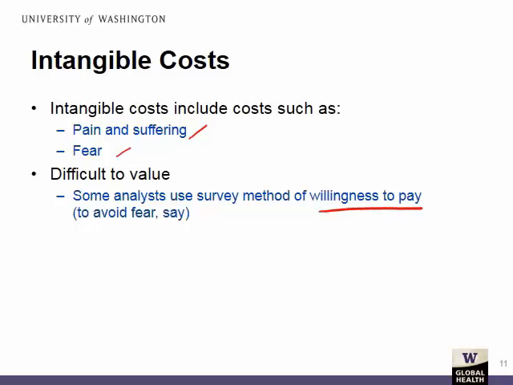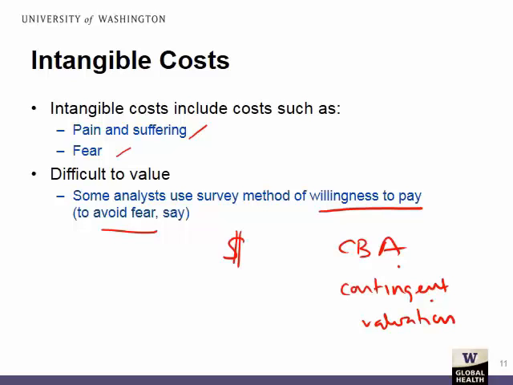Maybe you'll ask the question, what's your willingness to pay to avoid fear, for example? And this will allow you to put a monetary value on these intangible costs. Remember, we looked at willingness to pay in cost-benefit analysis and the method of contingent valuation. So it can be used to get at these kinds of costs like intangible costs.